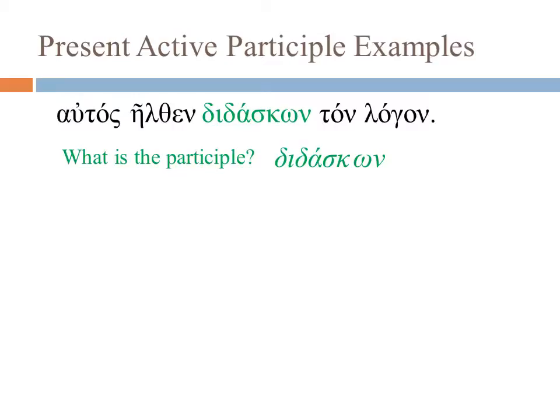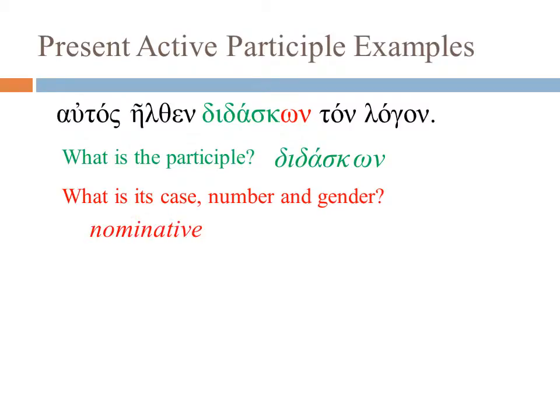And we look at it and realize it has the first part of a verb, didasko, and the second part is a participle ending, on. So the participle is didaskon, and the next question is, what is its case, number, and gender? So all we look at is the very end of it, this on, and this is a participle. So we look at it and realize this is nominative, singular, masculine.